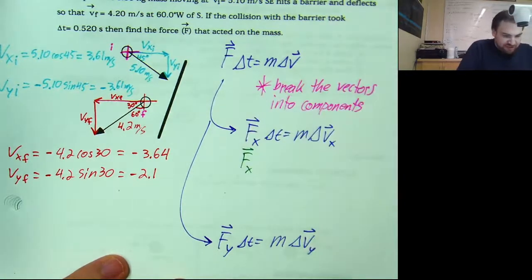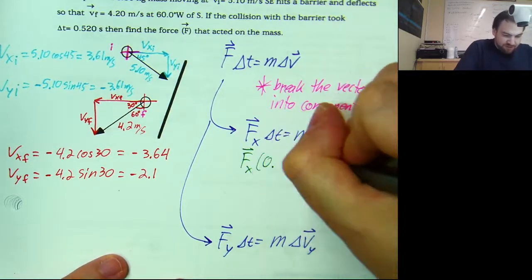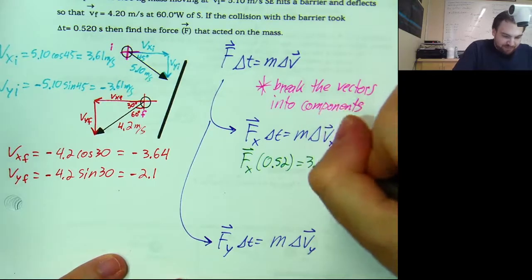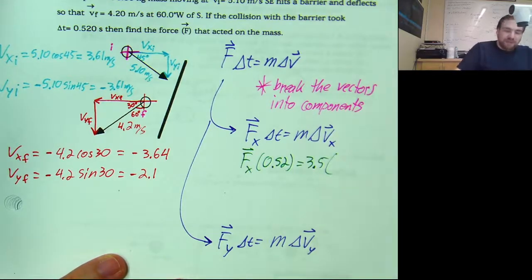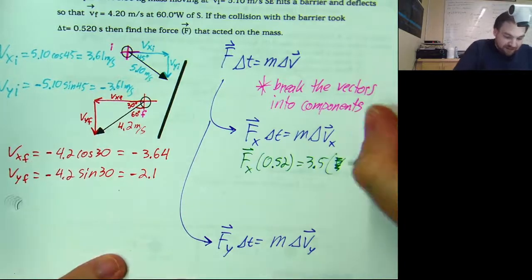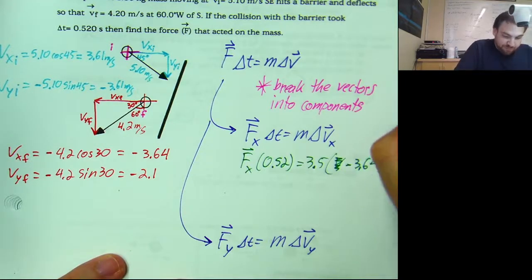Fx, the change in time was 0.52. That's going to equal our mass, 3.5 kilograms, times delta Vx, which is final minus initial. So our final Vx is negative 3.64 minus our Vx initial, which was 3.61.